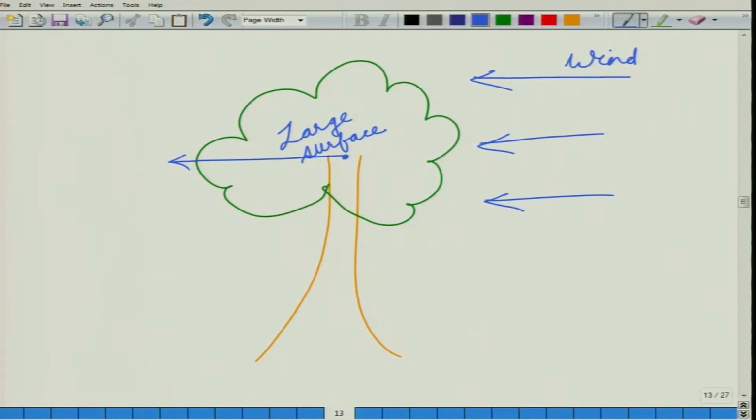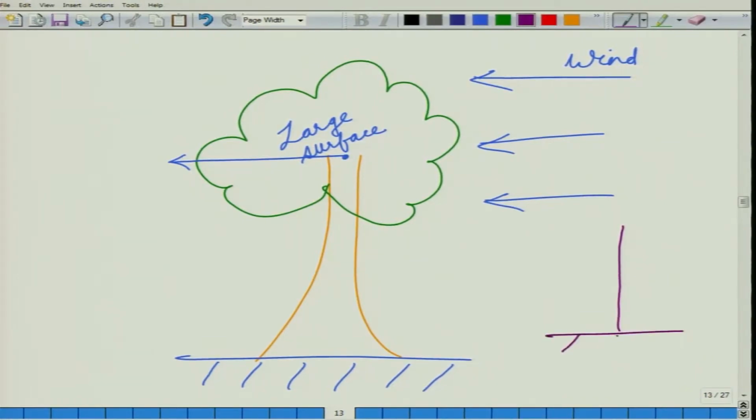Now, this tree is anchored at the bottom in the soil. So, if we wanted to represent it in an engineering fashion, it would be something like this. You have a beam on which a force is being applied and this beam is anchored at the bottom. Now, this structure is called a cantilever.